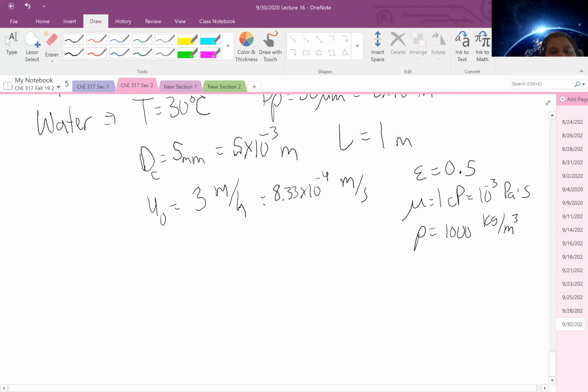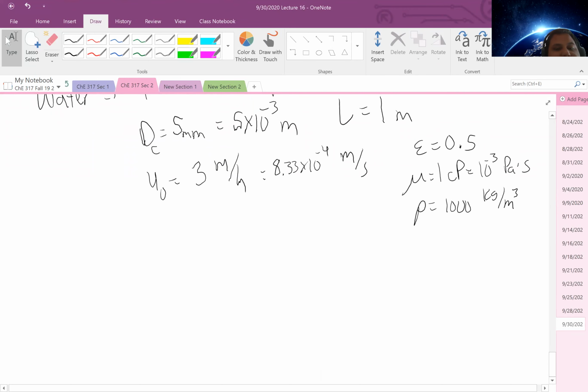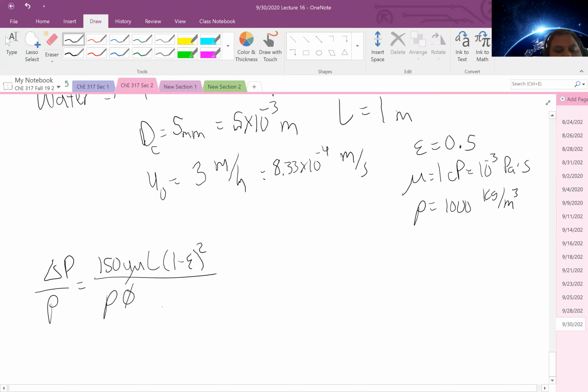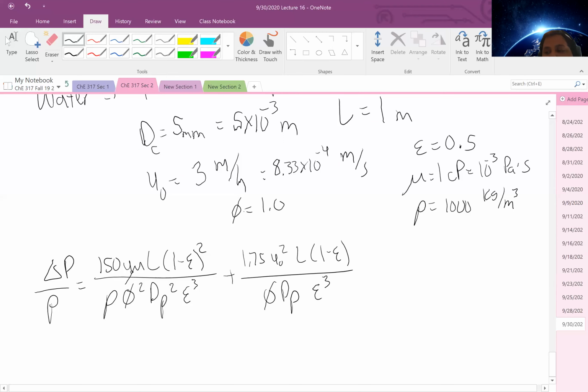And so, with this in mind, we can consider the application of our Ergun expression, 150 u mu L times 1 minus epsilon squared divided by rho phi squared diameter of the particle squared times epsilon cubed, plus 1.75 u naught squared times L times 1 minus epsilon over phi diameter of the particle epsilon cubed. And I'll say that phi is 1 because they're spheres.